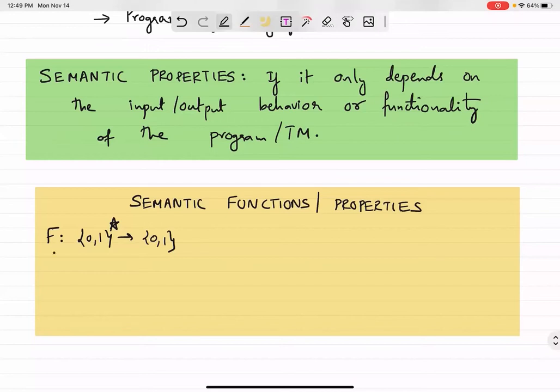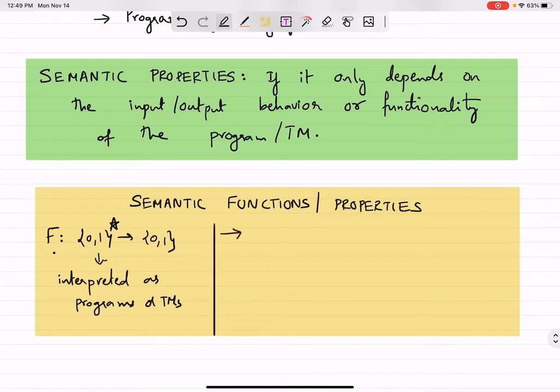So we will say a function whose inputs are bit strings, which are interpreted as programs or Turing machines, is semantic if it satisfies the following thing.